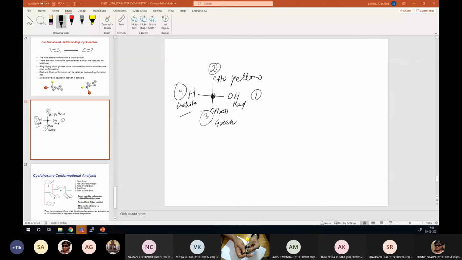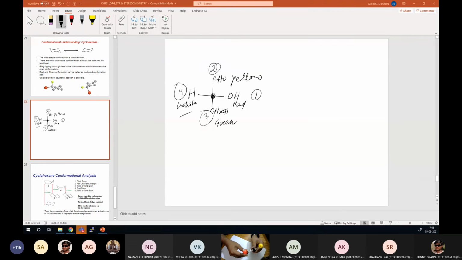So what are we changing? Just the dihedral angle. How is the dihedral angle so important to have a different conformer? Basically, the difference between one conformer and another conformer is the dihedral angle.